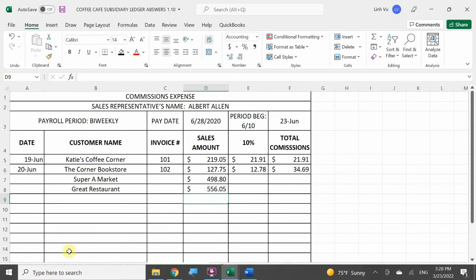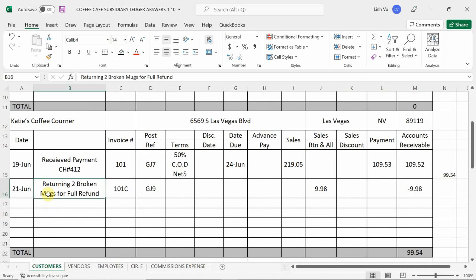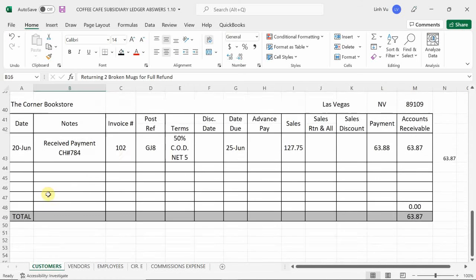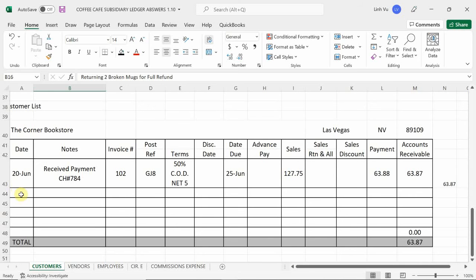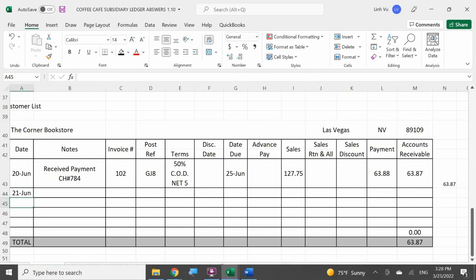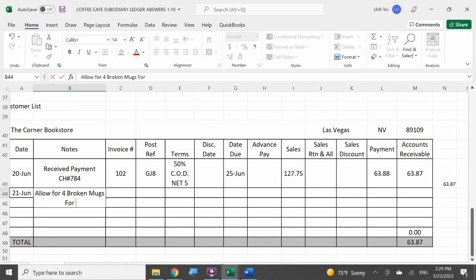This time we're going to be looking at the corner bookstore, allowance for broken mugs for 50% discount.